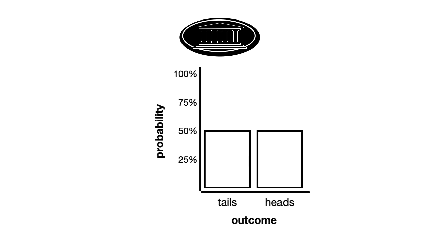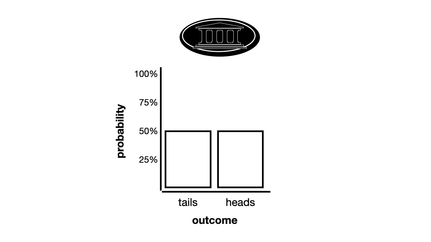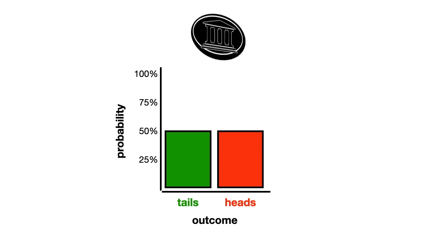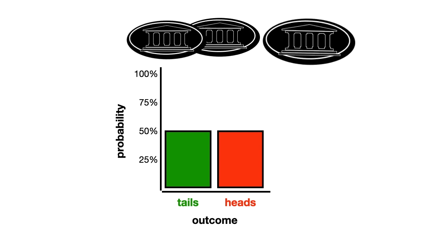In summary, the probability distribution you apply really depends on the question you're asking. You can be flipping a coin and just asking, what's the probability of heads and what is the probability of tails? And you'd be describing the uniform distribution. Now, if you consider heads to be a success and tails to be a failure, your probability mass function is exactly the same, but now you're describing a Bernoulli trial.